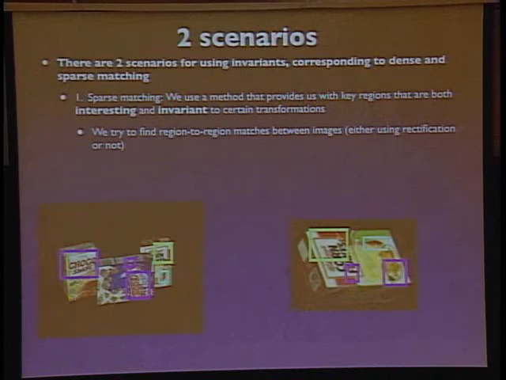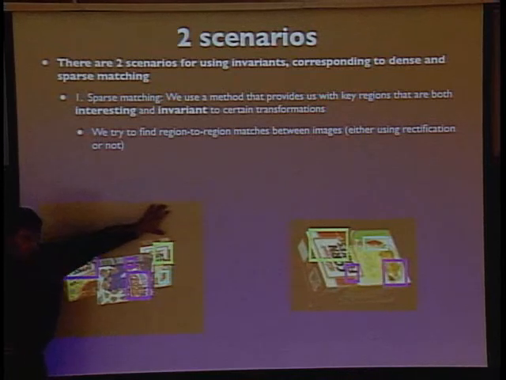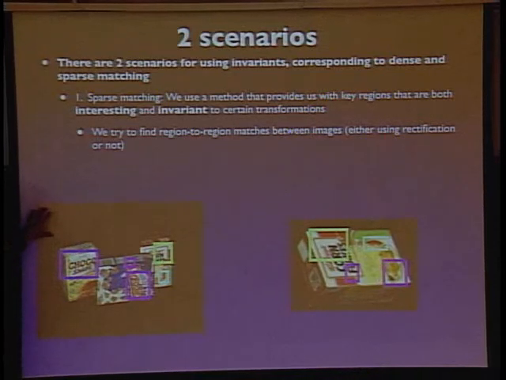Now, there are basically two different scenarios in which we would use the notion of an invariant. And they correspond to the two different scenarios I told you about when we're doing object detection. If you remember, the first one is called dense matching, in which you would take a box and scan through the image, and for every location you would say, well, is the cornflake box here?